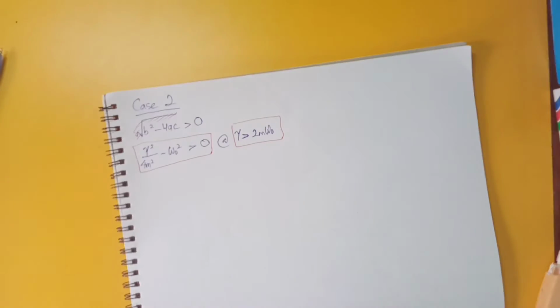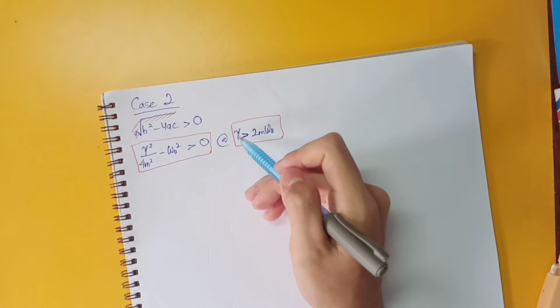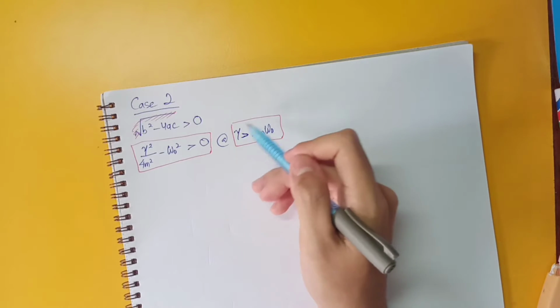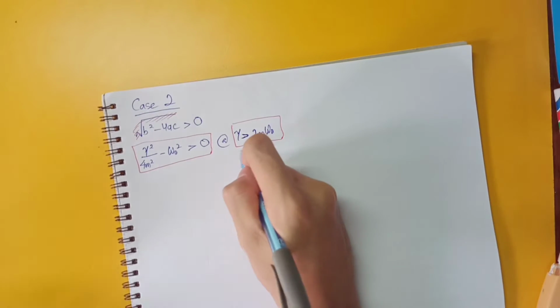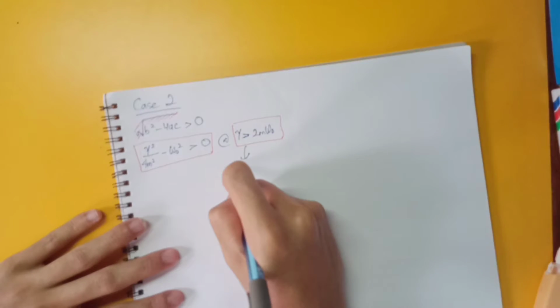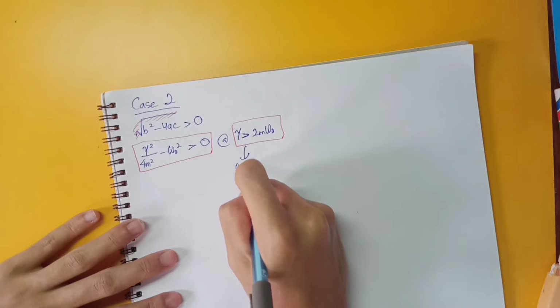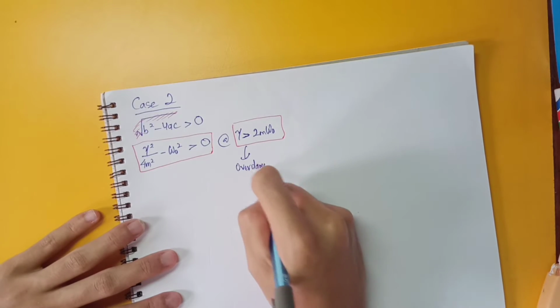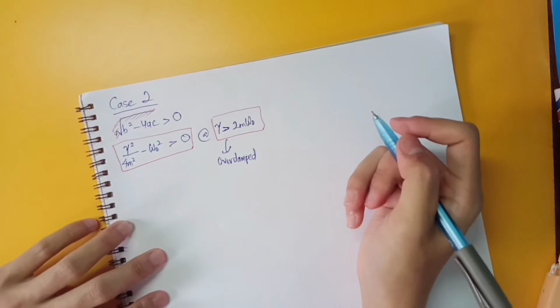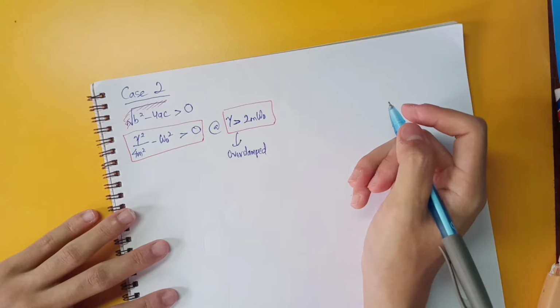So what happens when gamma, which is the damping constant, is more than this? This is what we call overdamped. Okay, overdamped.